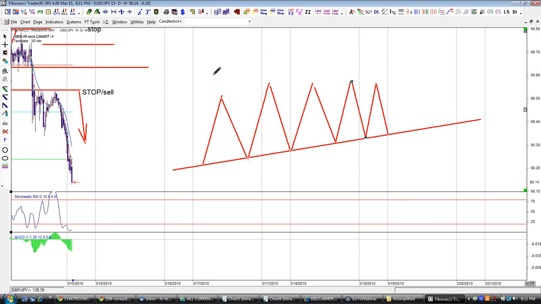Now, sometimes you can even get confused. Okay, are we in an uptrend after some time? Because when I draw my trend line like this, it seems like we're in a downtrend. When I draw it like this, it seems like we're in an uptrend. A lot of traders get confused. Well, this is the so-called wedge.